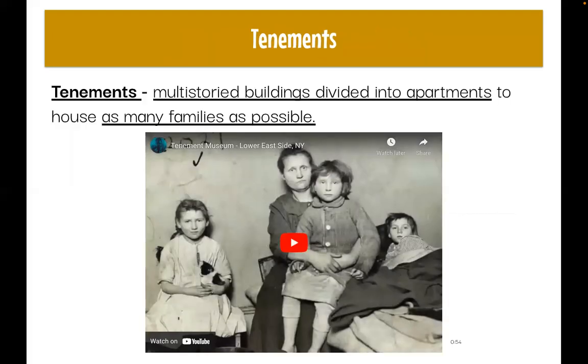All right, so tenement, absolutely. We want you to know what this word is. I remember tenement because it sounds a bit like apartments, except a tenement is a far sadder situation. These are multi-storied buildings like apartments, but they're divided into single room setups to put as many people in as possible.